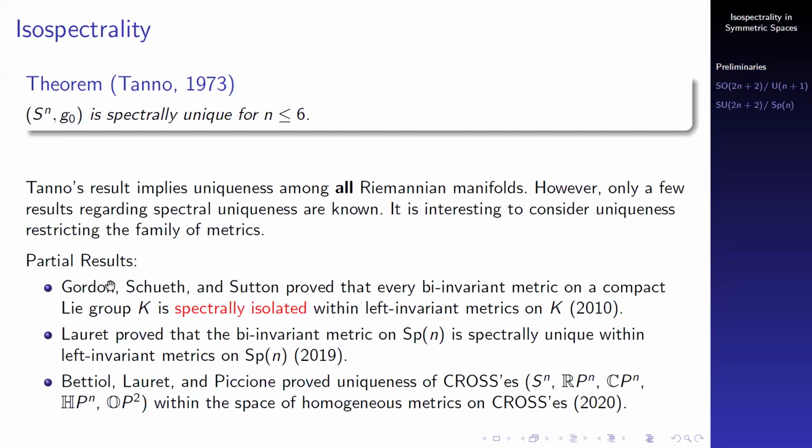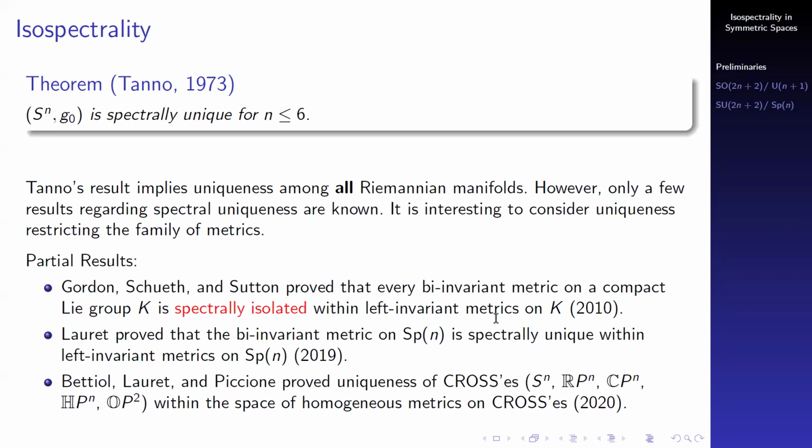three partial results. Gordon, Schueth, and Sutton proved that every bi-invariant metric on a compact Lie group K is spectrally isolated within the left-invariant metrics on K. That means that we're restricting the family of metrics to the left-invariant metrics on K, and we ask if the bi-invariant metric is unique or not.